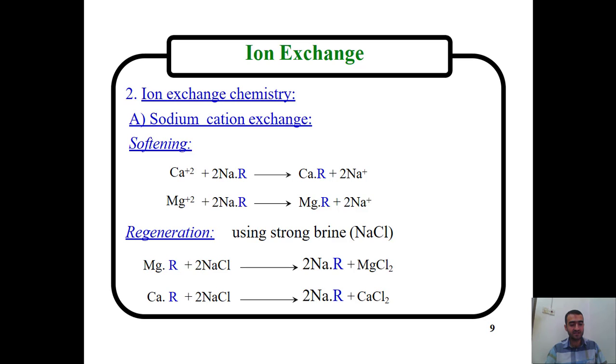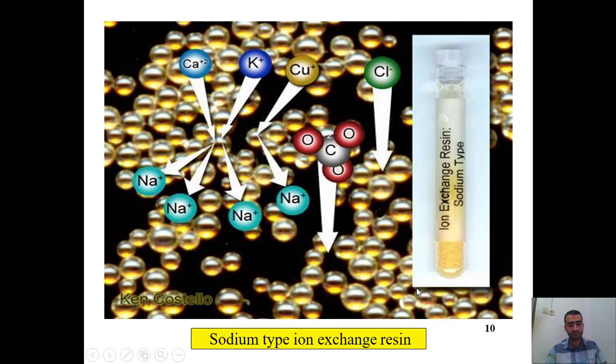So the magnesium that is now attached to the resin will be treated with the strong brine, and then will produce the resin once again attached to sodium, and the magnesium will be released as magnesium chloride, then removed as waste. The same goes for the calcium, also the same concept.